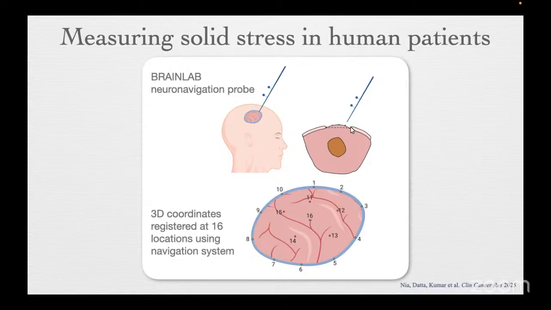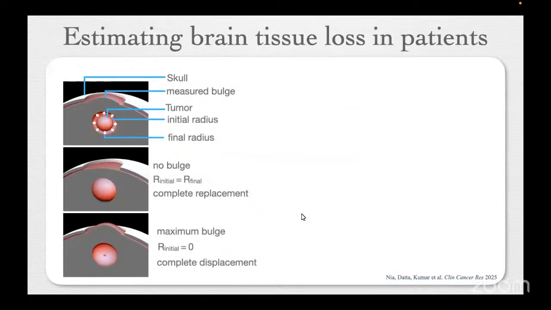And after they make a craniotomy and before the surgical resection of the tumor, they map out the surface of that craniotomy brain tissue. Here we have 16 different locations, so we get the swelling after the pressure is released. And we can use that measurement in conjunction with time-resolved MRI images of the tumor as it has grown.